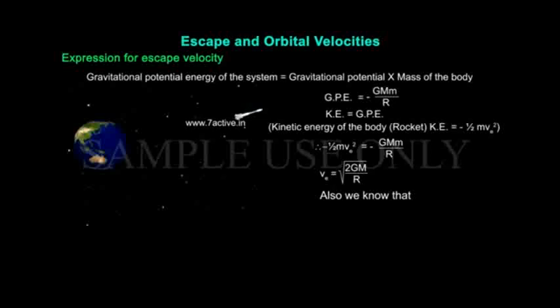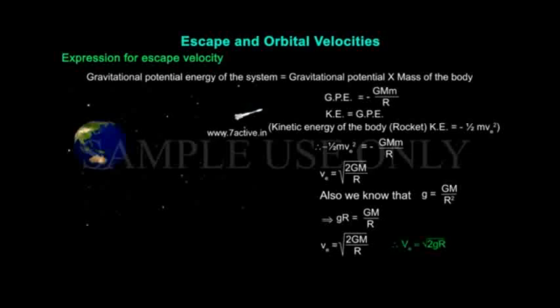VE is equal to square root of 2GM by r. Also, we know that g is equal to GM by r square. That implies gr is equal to GM by r. VE is equal to square root of 2GM by r. Therefore, VE is equal to square root of 2gr. This is the expression for escape velocity.